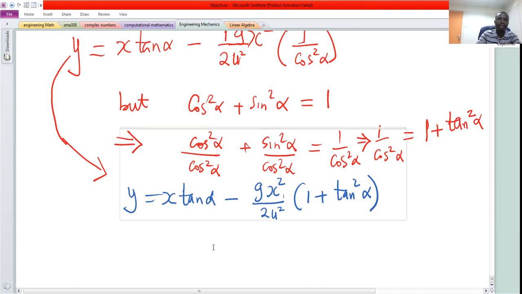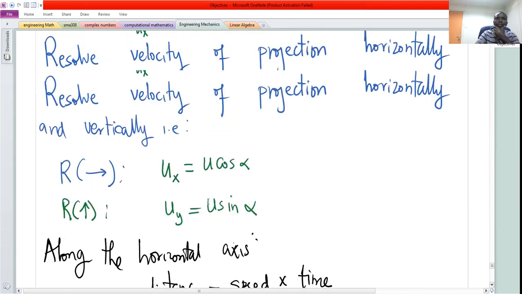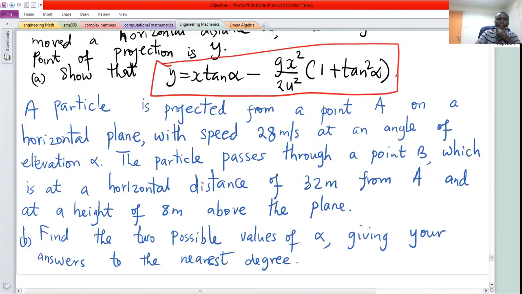Now the second part, we were told that the particle is projected from a point A on a horizontal plane with a speed of 28 meters per second. So this is our u, at an angle of elevation of alpha. The particle passes through a point B, which is at a horizontal distance of 32.